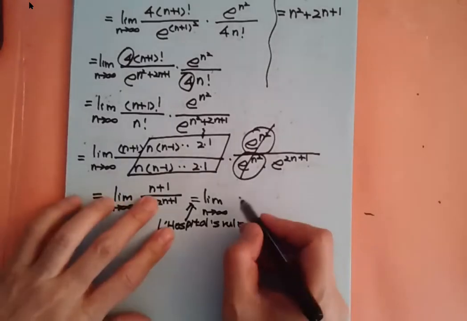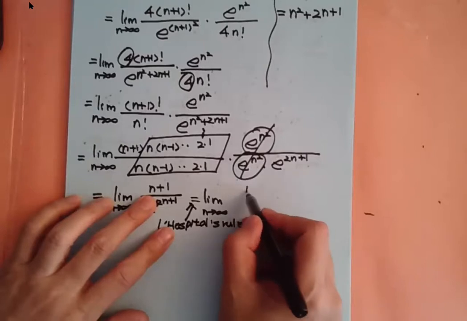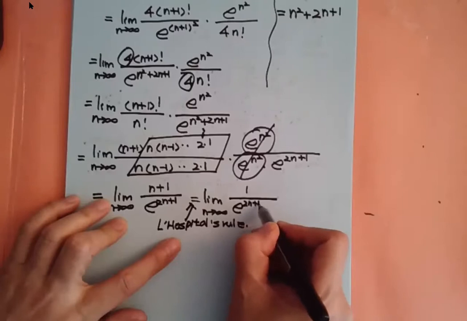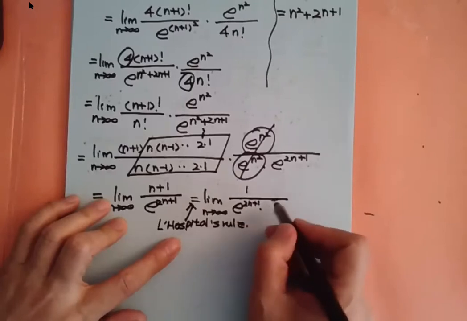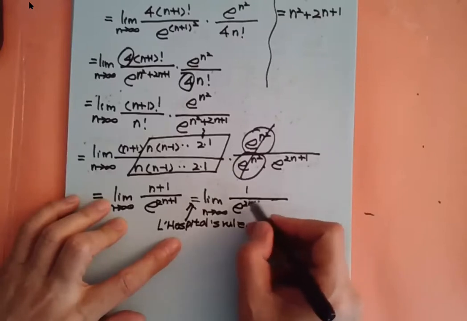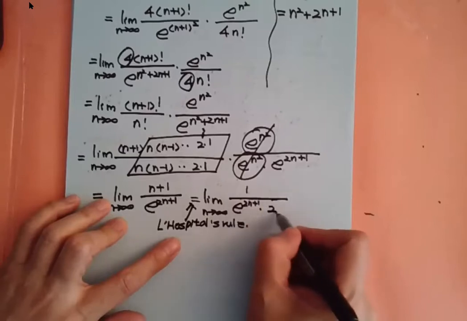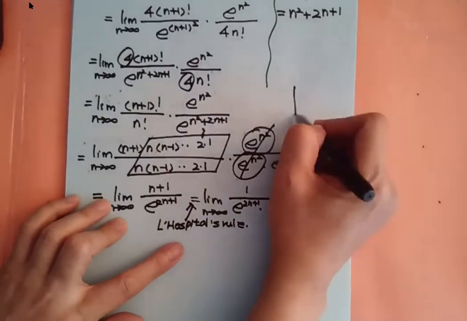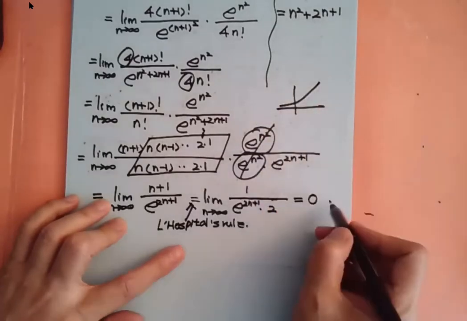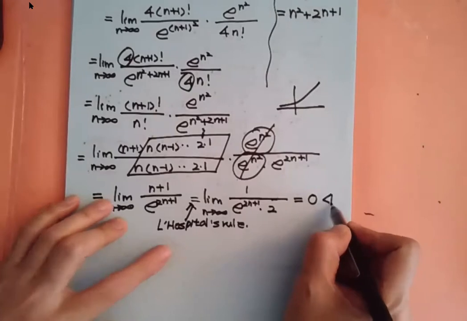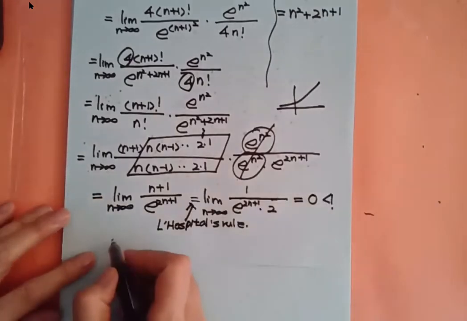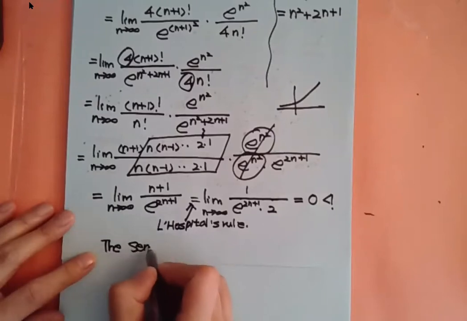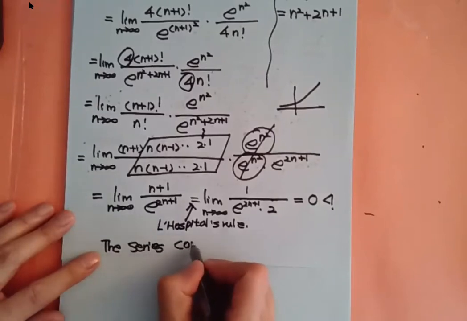If you differentiate the numerator, that is 1, and the denominator is e to the 2n plus 1 times, by the chain rule, the derivative of 2n plus 1, which is 2. So that equals 0 because the exponential function goes up like this. So that is less than 1. That means the series converges.